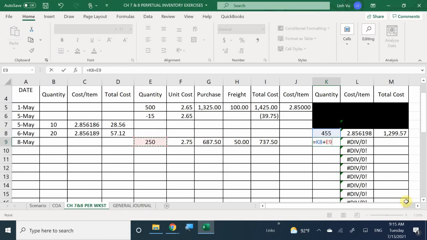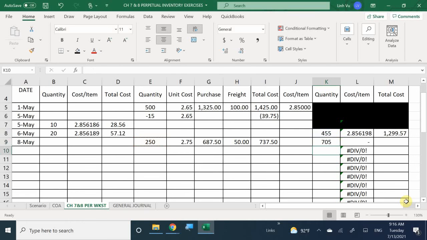If I have 455 and I added 250 to my pile of inventory, what is my total amount of quantity? 705. Okay. What's my new total cost?